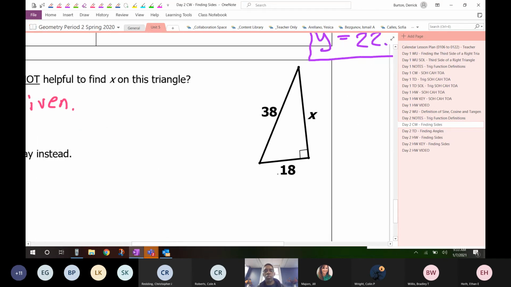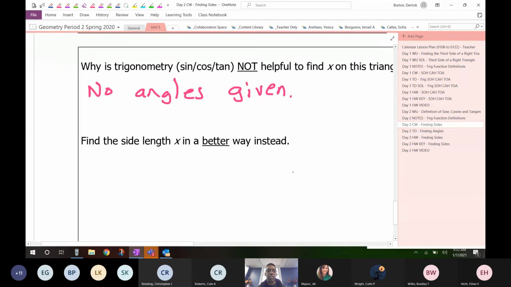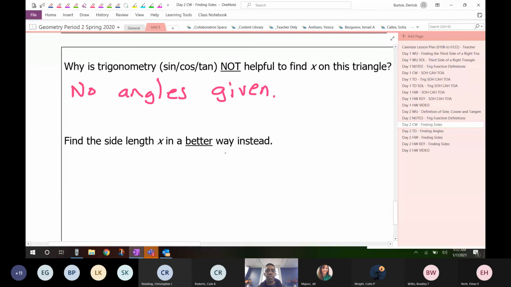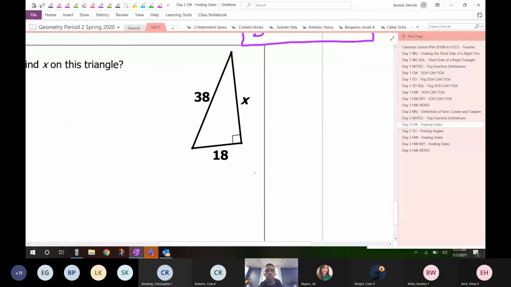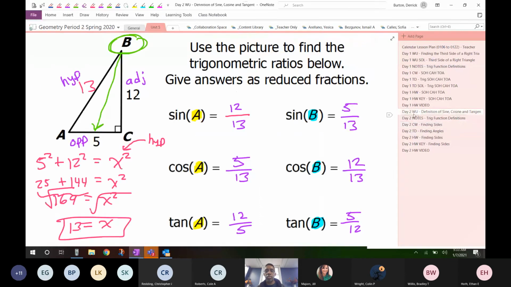Okay, so this won't work out for us. So what do we have to do to find x instead? Well, this really goes back to the warm-up. The first thing we did, we had two sides and we were missing a third side. That is the Pythagorean theorem. A squared plus b squared equals c squared.